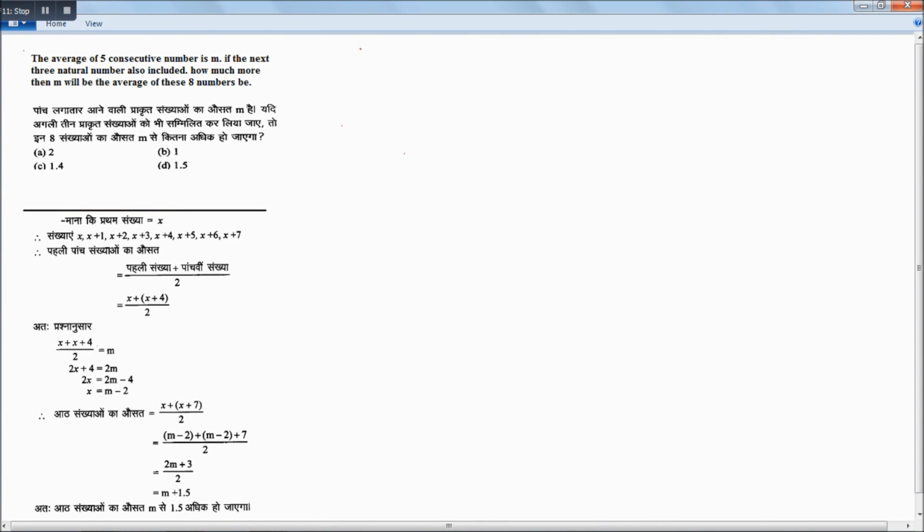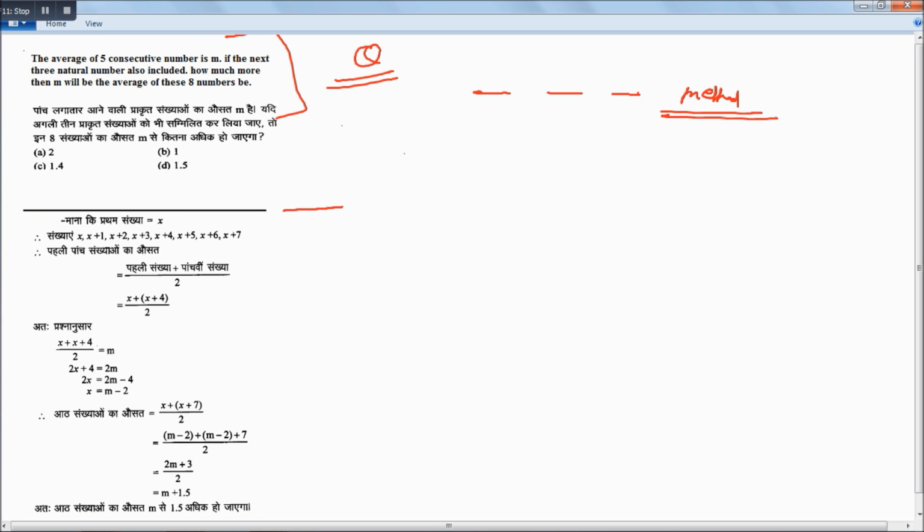Students, the question you have seen on the screen is about consecutive numbers, the average of consecutive numbers. Whenever we talk about the average of consecutive numbers, we use a particular method, one of the methods in our toolkit.